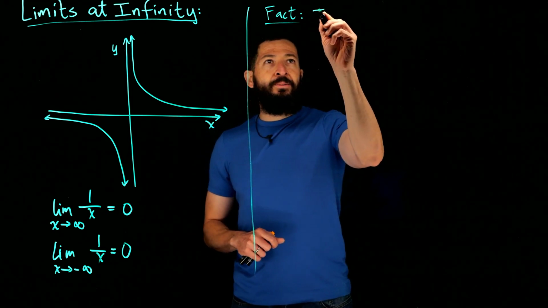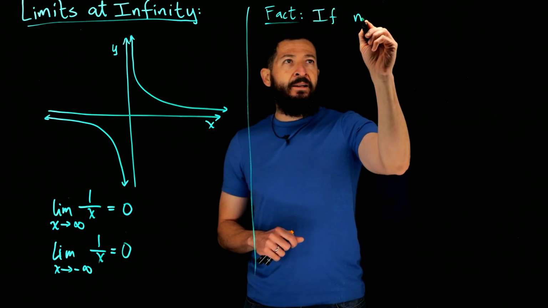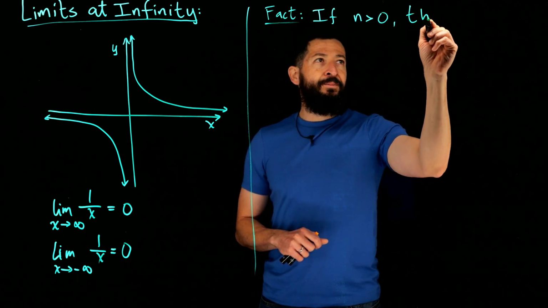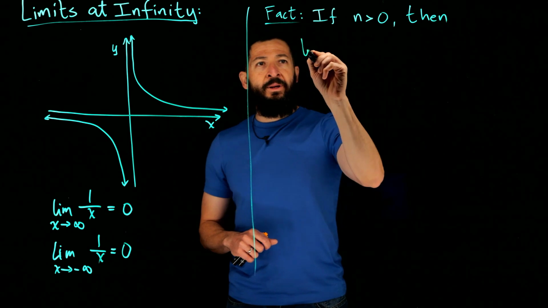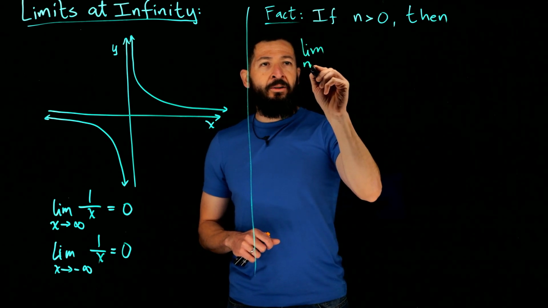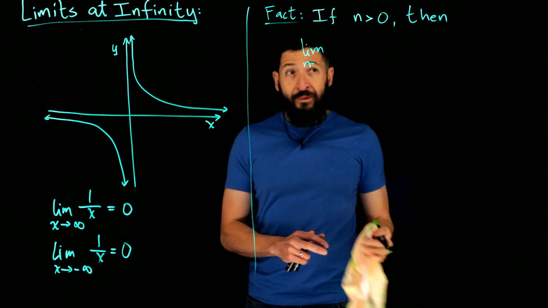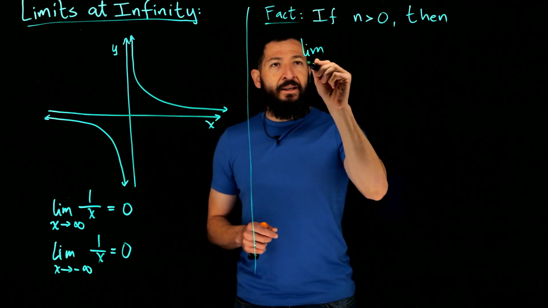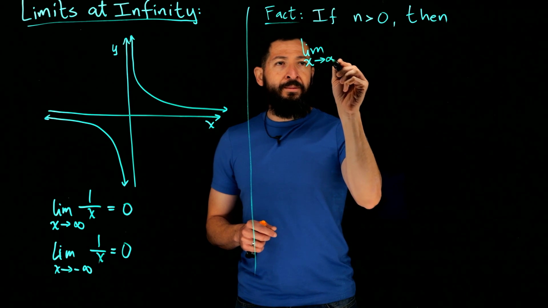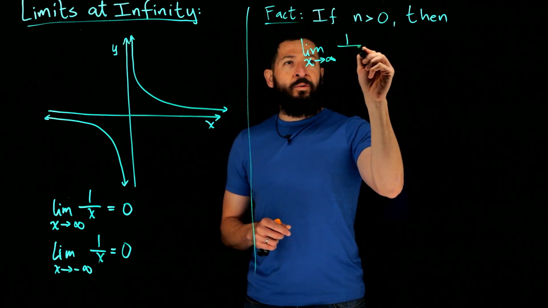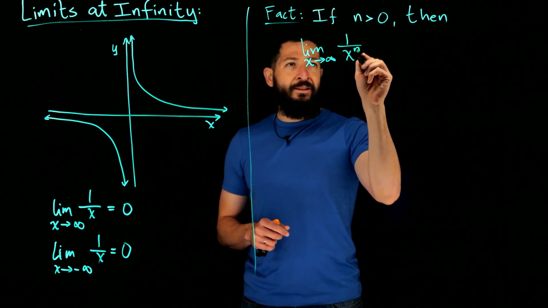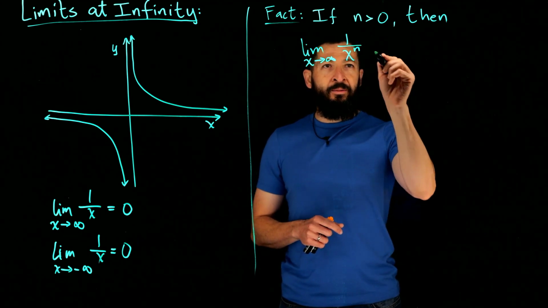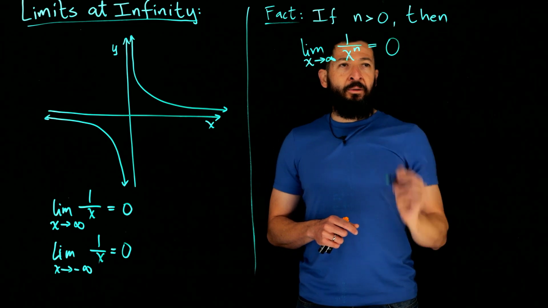That if n is a positive number, then the limit as x goes to infinity, n doesn't change, of 1 over x to the n, so now you can raise it to any power, and this could be plus or minus infinity, I should have written that as well, is 0.